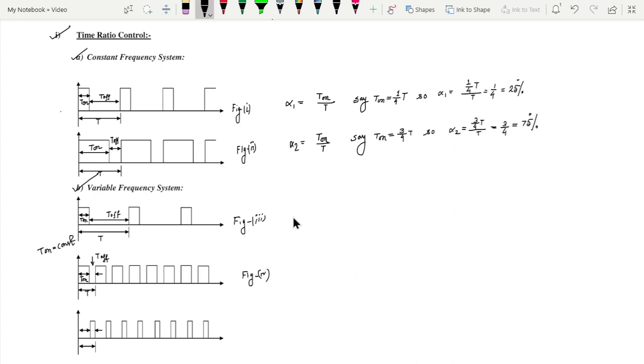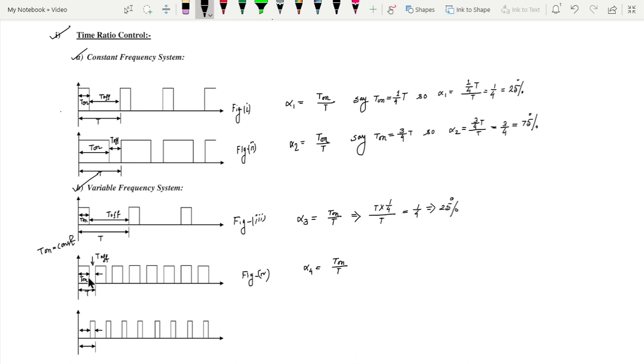Therefore, if we consider alpha 3 is equal to T on by T, here alpha 4 is equal to T on by T. So from this picture T on is 1/4 of total T. So you get 1/4, that is 25% as before.